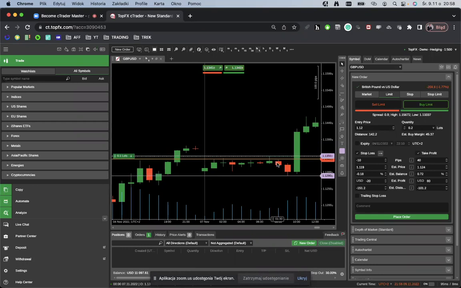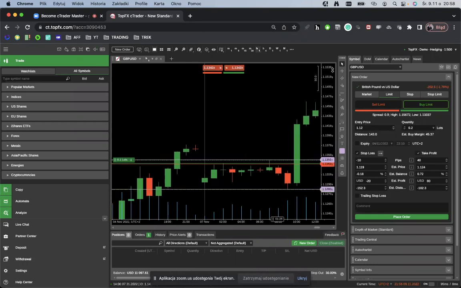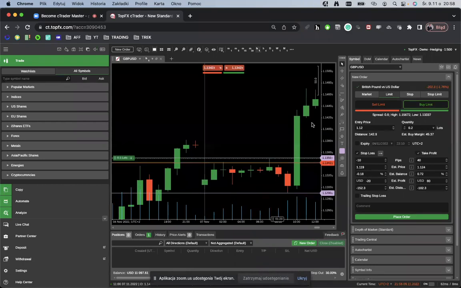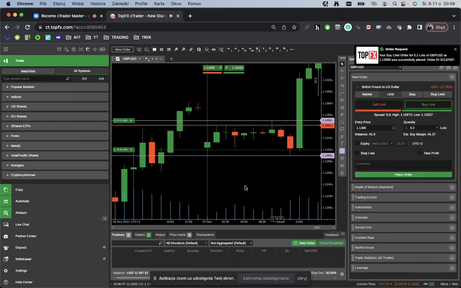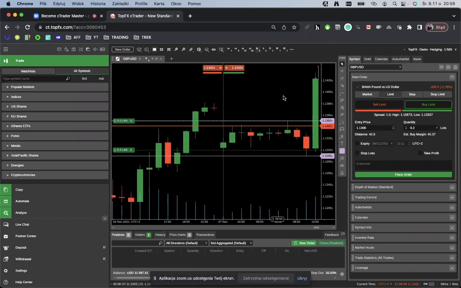Buy limit is used to buy the dips. So the dip must be below 1.1350, right? Your entry price must be below the current price. For example, 1.13 is already good because it's around here. If you place a buy limit, let's say no stop loss, no take profit, it would give you a better entry, if of course we are still talking about this movement here.